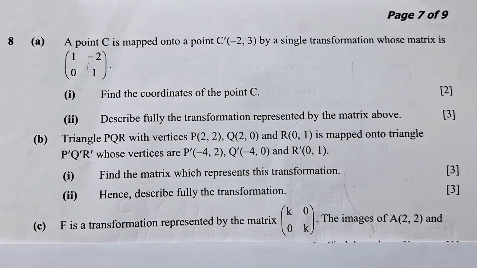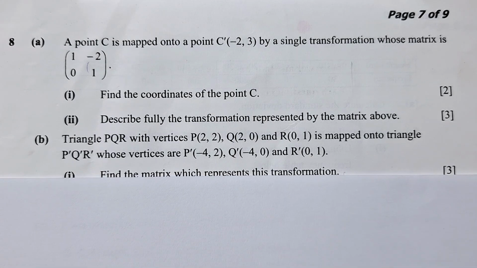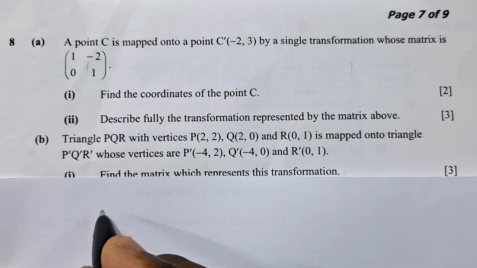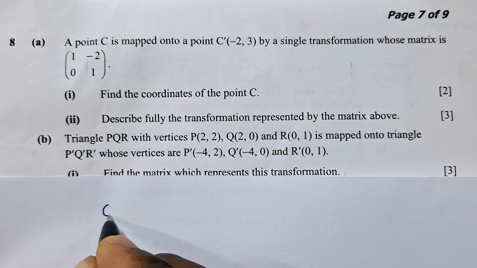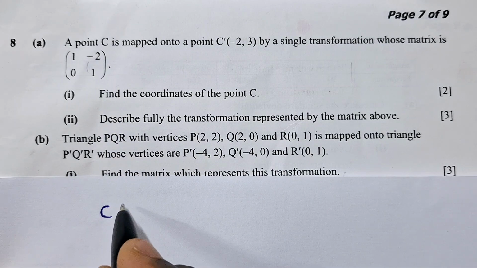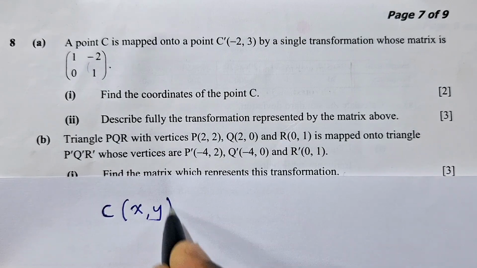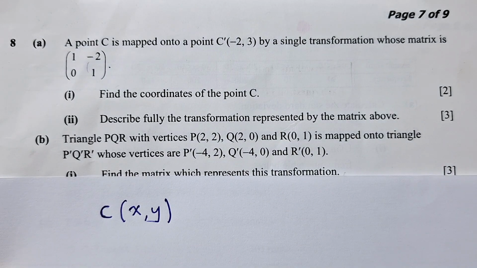So to find the coordinates of the point C, we are going to do this. We shall say point C is equal to x comma y. We don't know the coordinates of point C, so we shall just say this is x comma y.